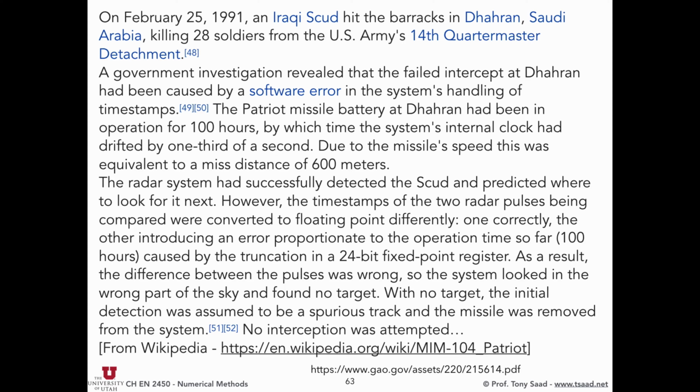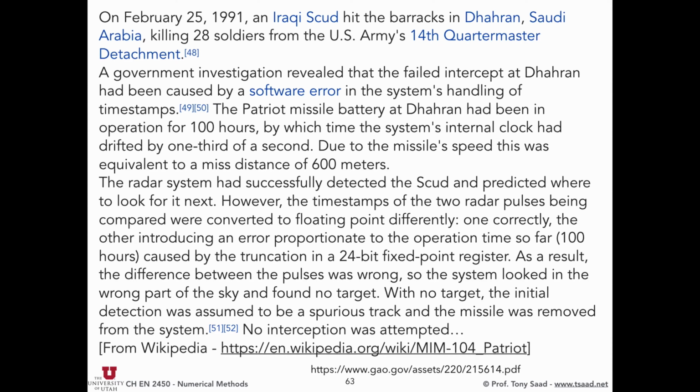It was a major disaster. However, there was a Patriot missile defense system set up, and the Patriot system did not engage. A government investigation was set up, and it revealed that the system failed to intercept because of a software error in the system's handling of timestamps.